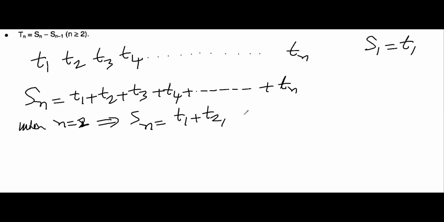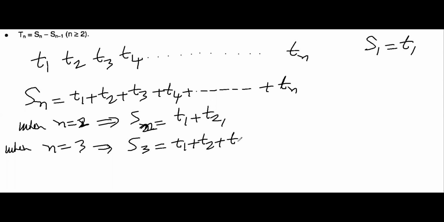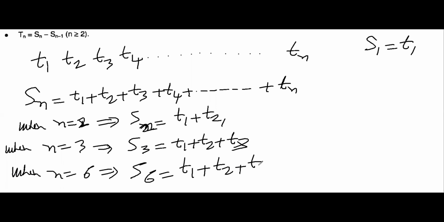When n is equal to 3, S3 will be T1 plus T2 plus T3, and when n is equal to say 6, S6 will be T1 plus T2 plus T3 plus T4 plus T5 plus T6.